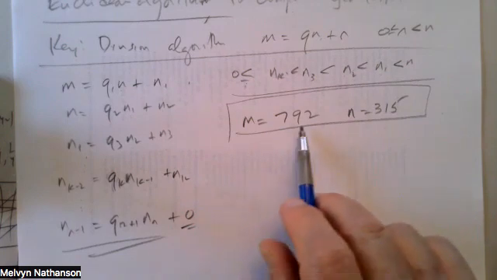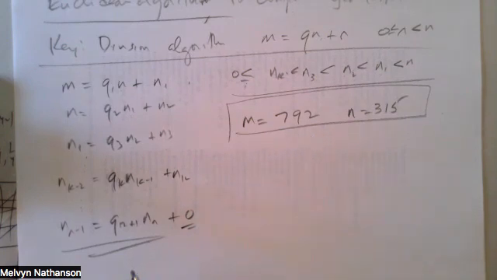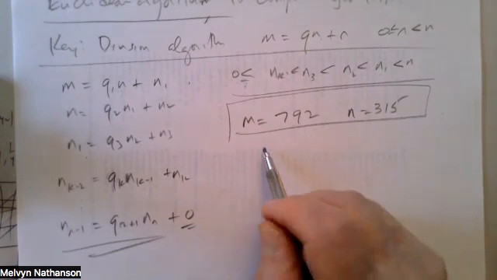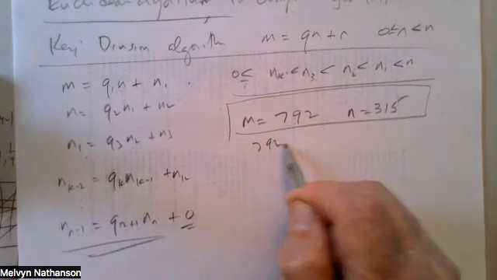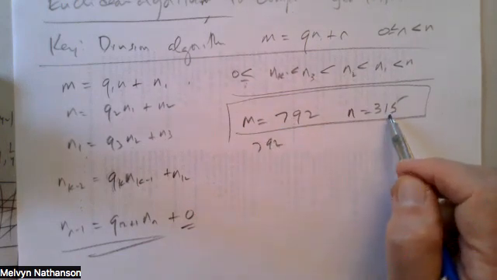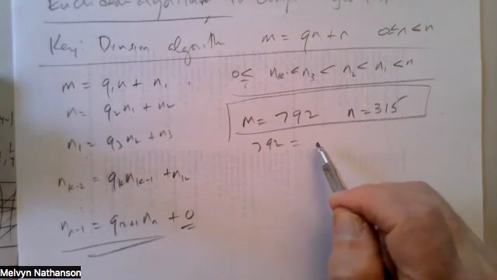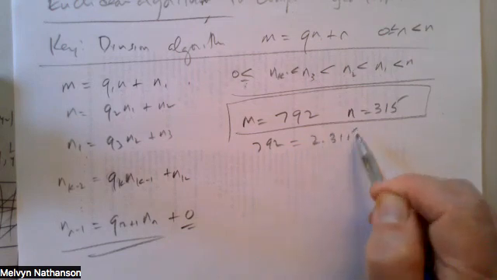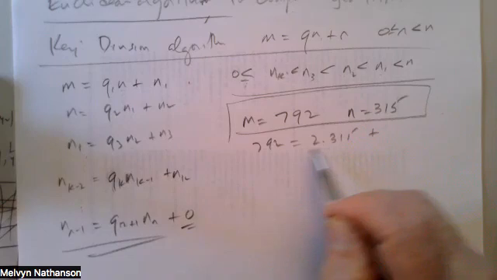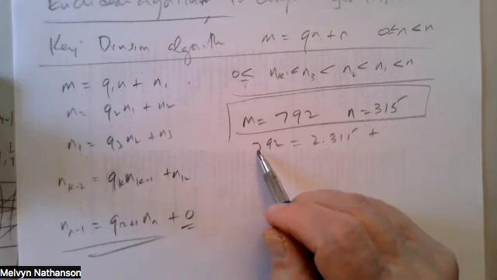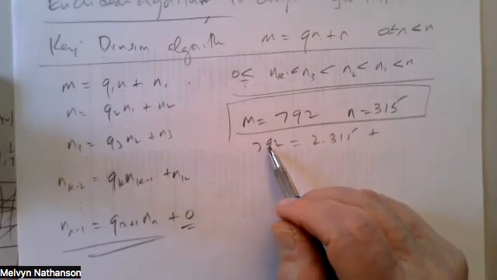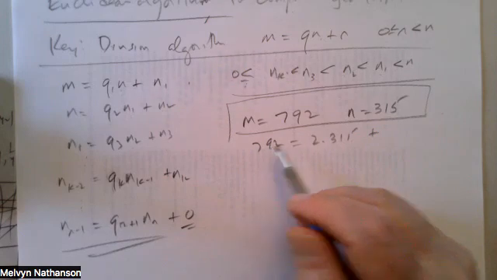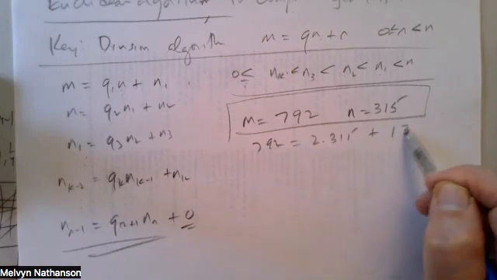And I want to find the greatest common divisor of these two numbers. So let's see. I take 792. If I divide by 315, that has a quotient of 2. This is 630. And it leaves a remainder of 162.